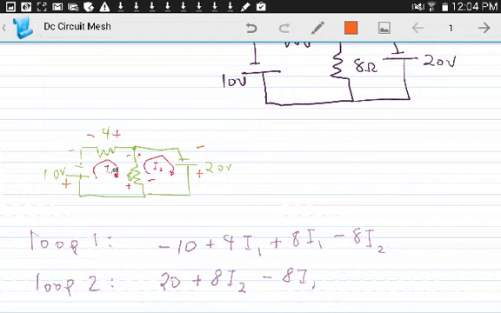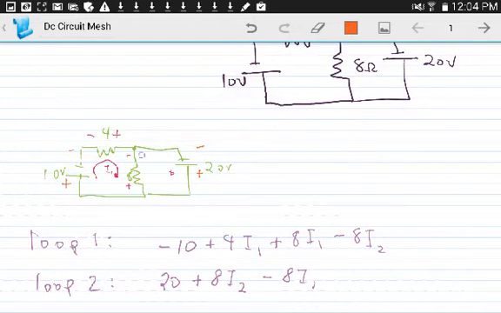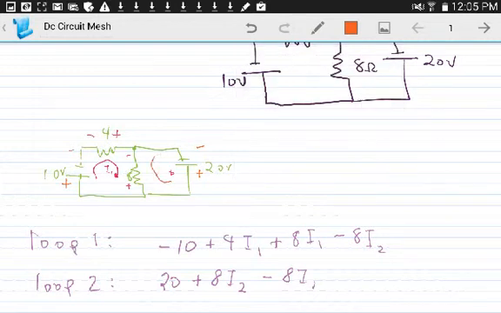So we have negative 8 times I2. You only assign the polarities, and they only get applied if you're applying them to that loop.